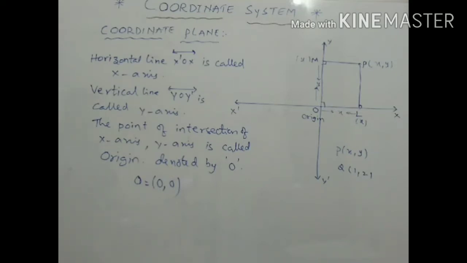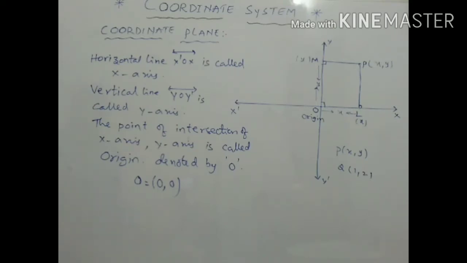So my dear students, from this we can understand that every point in the plane can be represented by two real numbers. Let me repeat once again. Every point in the plane can be represented by two real numbers, small x comma small y, and every pair of real numbers determines a point in the plane. Do you understand?